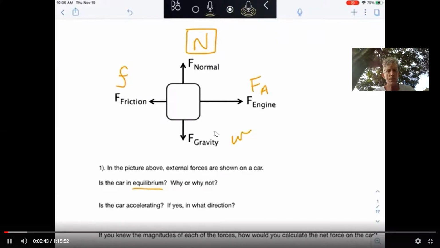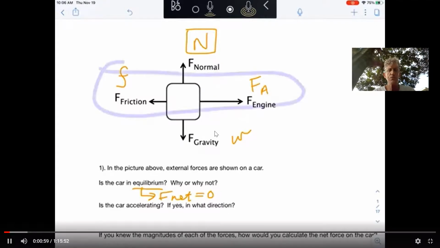Okay, the first question is, is this car in equilibrium? Why or why not? Equilibrium means all the forces are balanced. The vertical forces cancel each other out and the horizontal forces cancel each other out. Now, is that what's happening? What I just circled in purple shows that the horizontal forces are not balanced out.